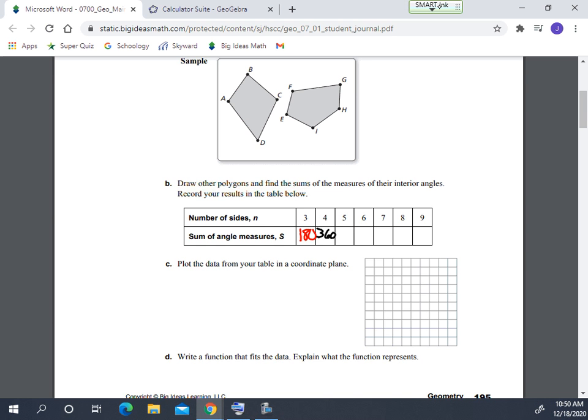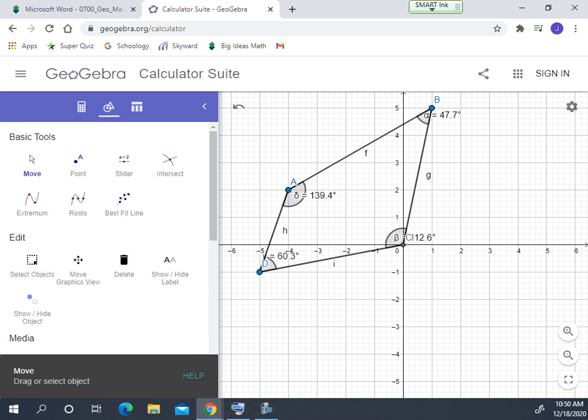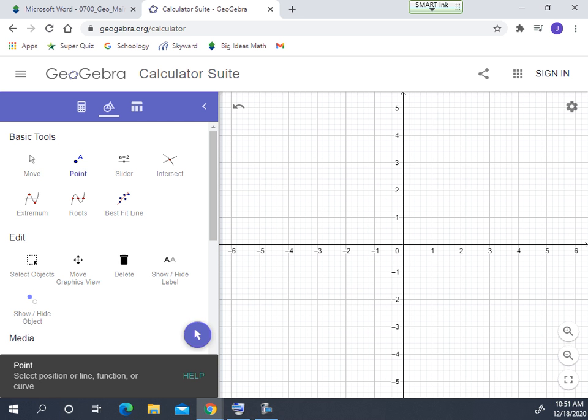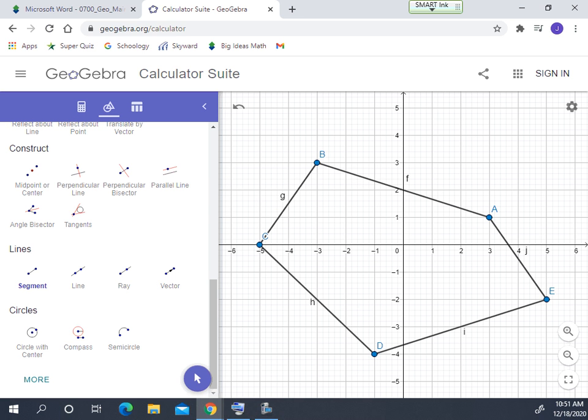Okay? Now let's find a five-sided figure. Let's find the interior angles of a five-sided figure. First, let's just start from scratch. Let's delete all of this. Delete each one. Let's create a new five-sided figure. Okay, it doesn't matter. I'm just creating a five-sided figure somewhere. Here's my five-sided figure.